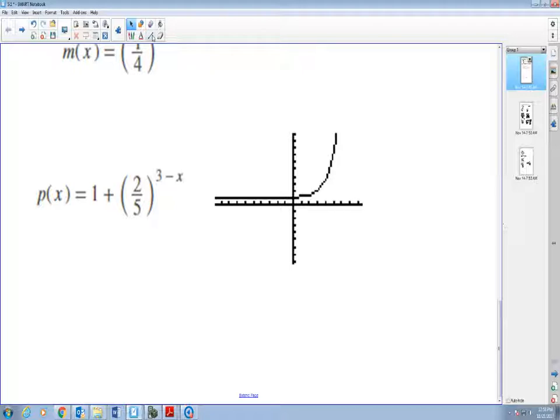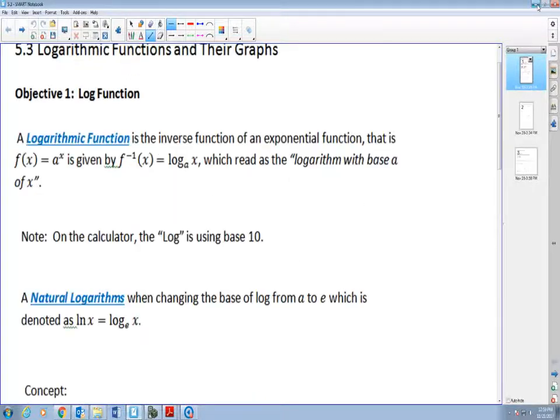The way to test for a one-to-one function is using the horizontal line test. If a horizontal line crosses my graph at only one point, then the function is one-to-one. If it's one-to-one, then I can have its inverse function.